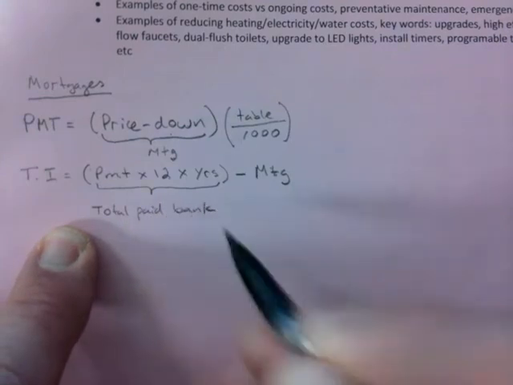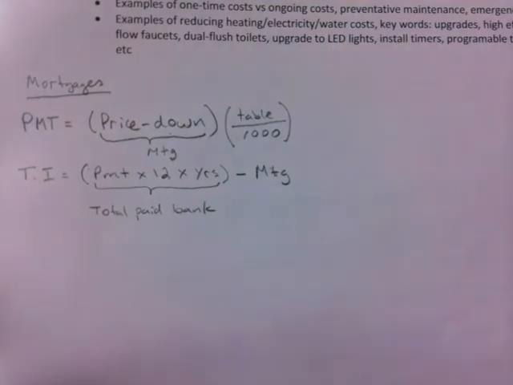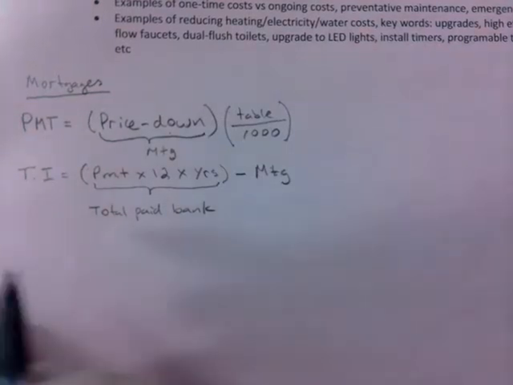So you understand what each part of the formula is, you have to read the question carefully. Some of you just read the word total and think it must be TI. No, is it total paid to the bank? Is it total interest paid? What is it?